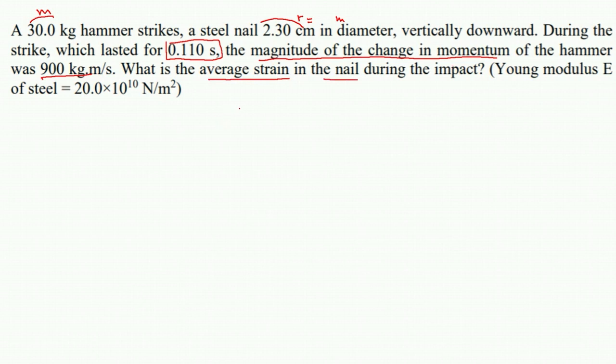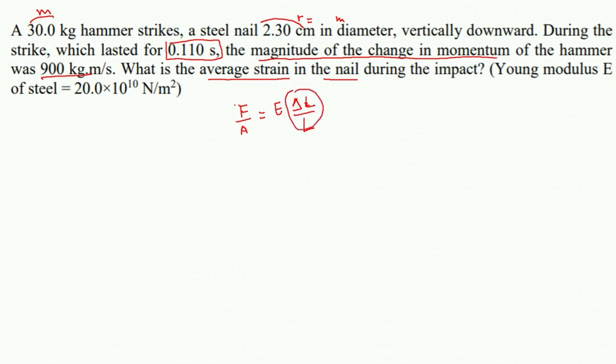You know that stress, F divided by A, is equal to Young's modulus E multiplied by strain. The strain here is delta L divided by L. This is what I want.